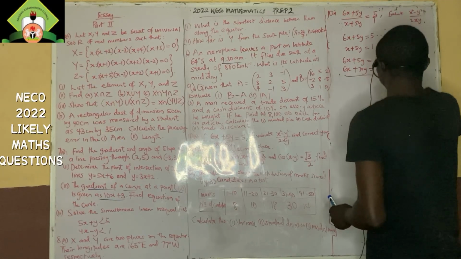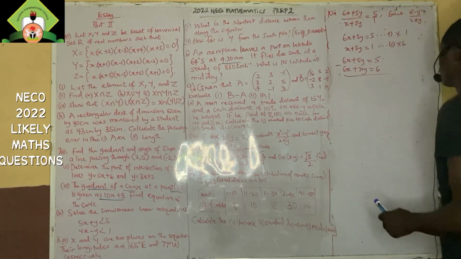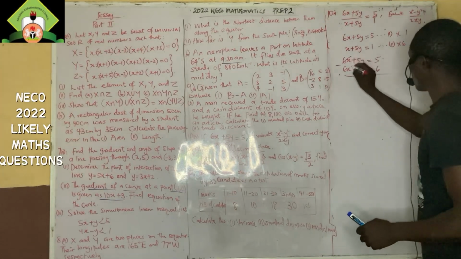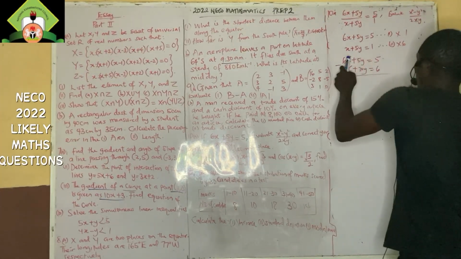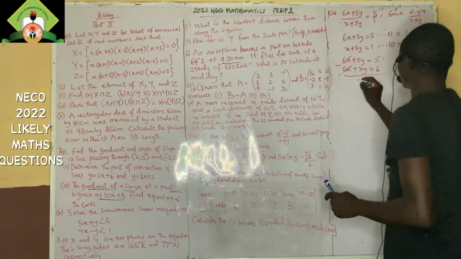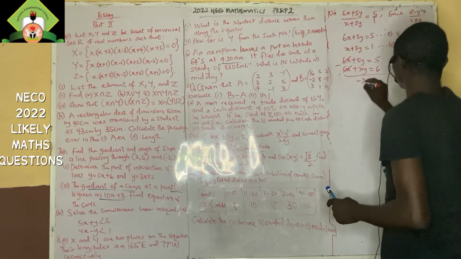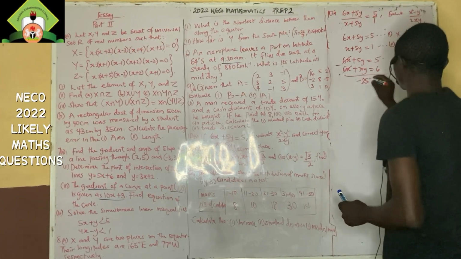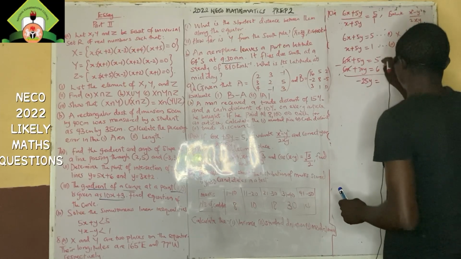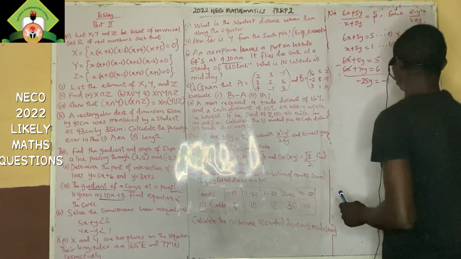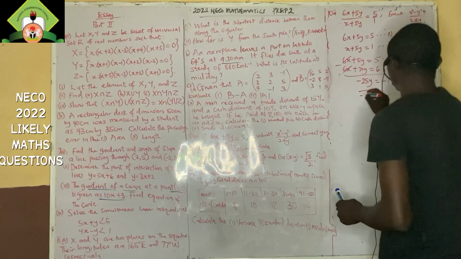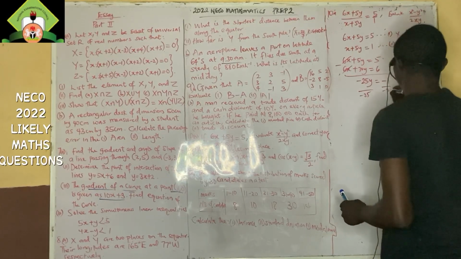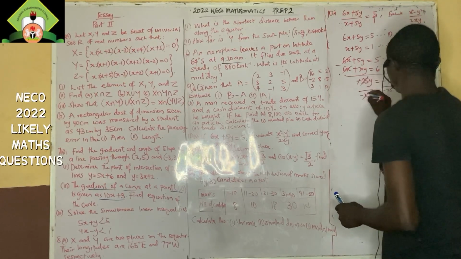Now, minus this from each other. This is the elimination method. This one we cancel out. 5y minus 30y will give minus 25y, equal to 5 minus 6, which gives minus 1. So divide both sides by minus 25. So this one cancels out, this one cancels out.